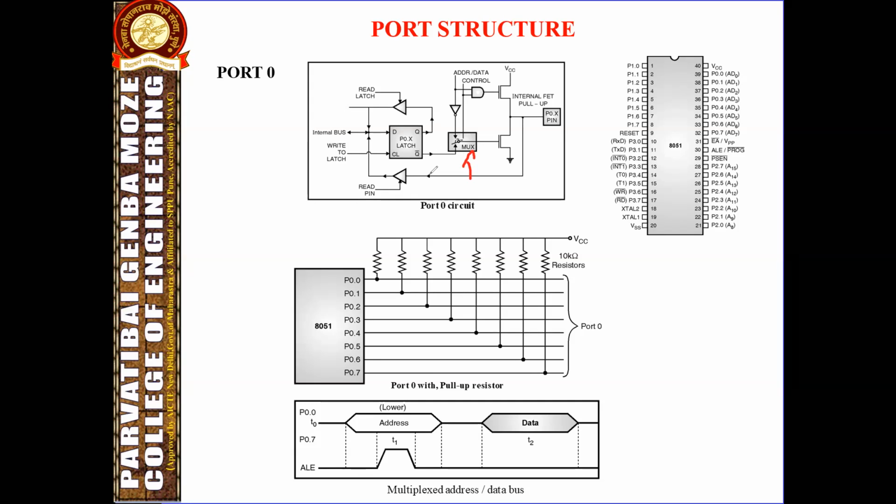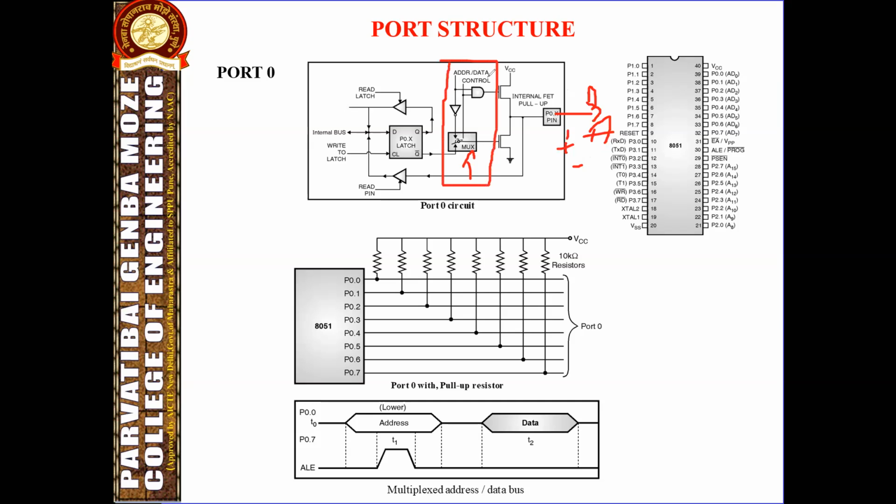Here is a multiplexer unit. This is used to decide whether the port pins should act as a data bus or an address bus, or whether these port pins should act as an input or an output. All these operations can be controlled by using this circuit structure.